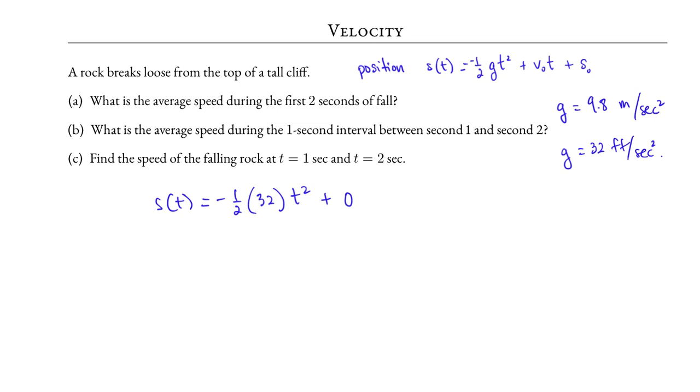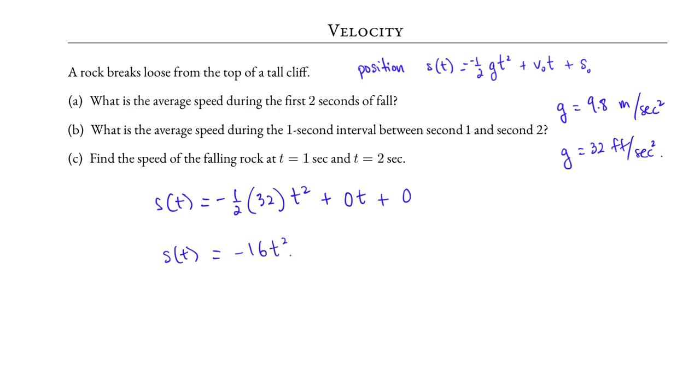The rock just simply let go. Times t plus the initial height. We were not told the height, but we can assume that because this is the cliff, the initial height is the ground level, 0. And so the position function of the rock is simply minus 16t squared.